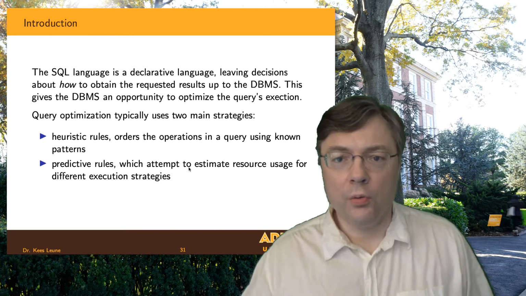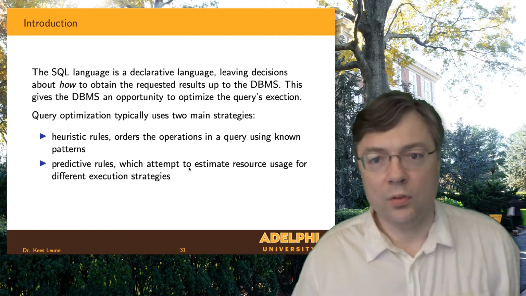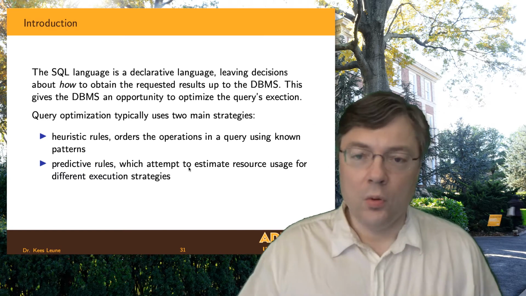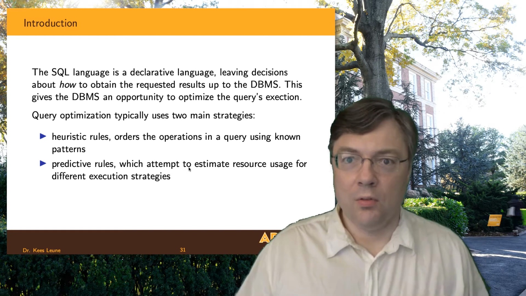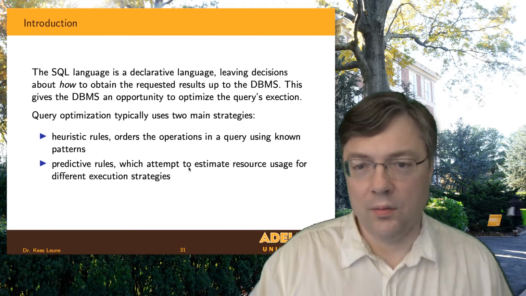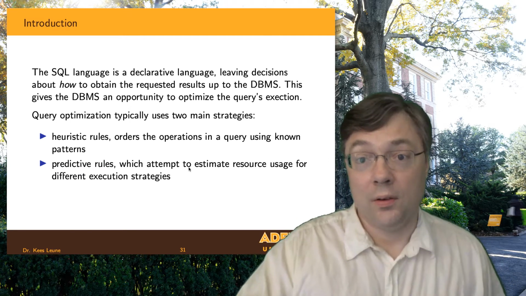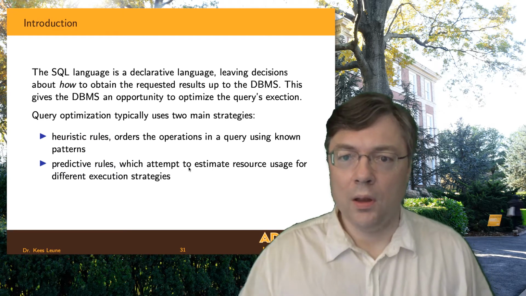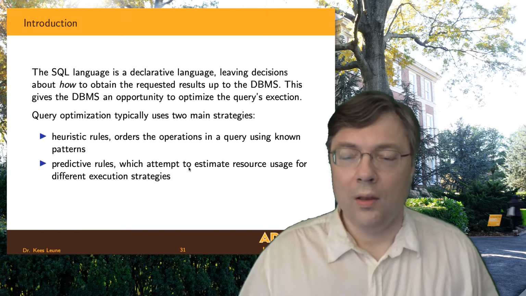One of them are heuristic rules, things that we know based on experience work and give us better performance. And so we can look for these patterns and we can maybe translate one pattern that may not be very efficient into a pattern that is efficient. And we've seen an example of that before when we figured out how to do a join on tables.